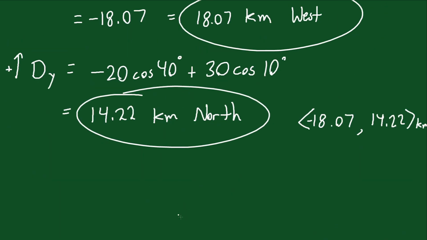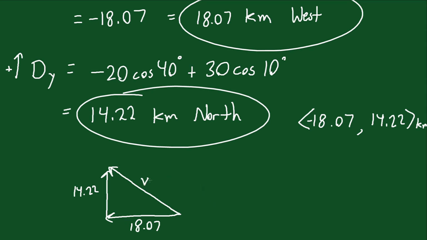So let's think about this. If we go 18.07 kilometers west, and then 14.22 kilometers north, what is the resulting vector? Right? These are the x and y components of our answer. So what is this vector? Well, we can figure out what its magnitude is using the Pythagorean theorem, right?